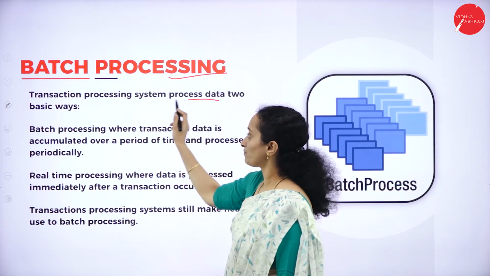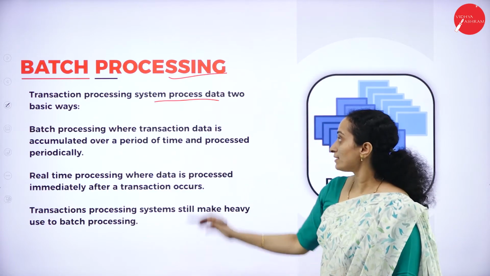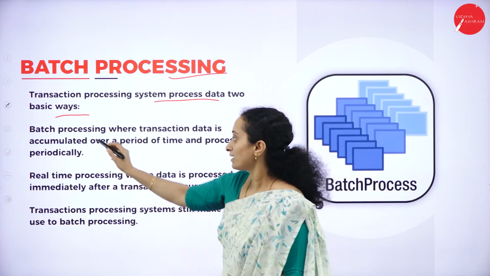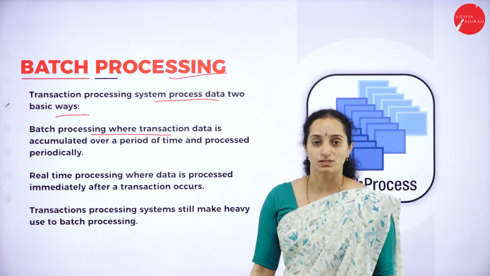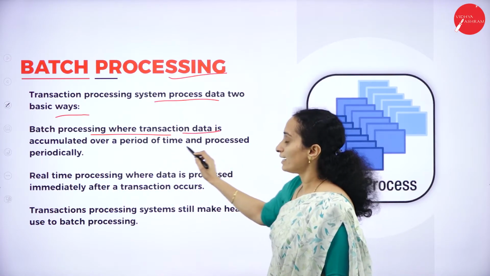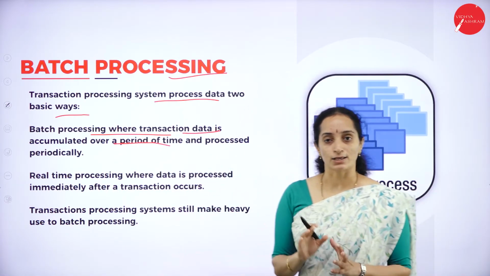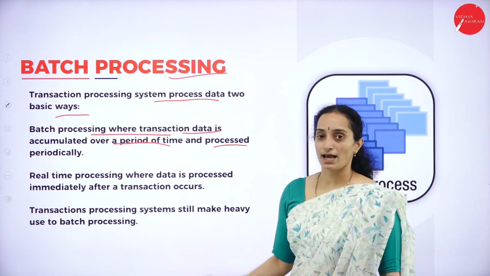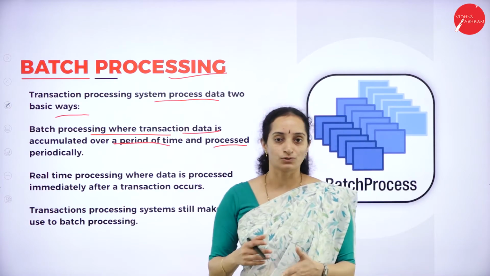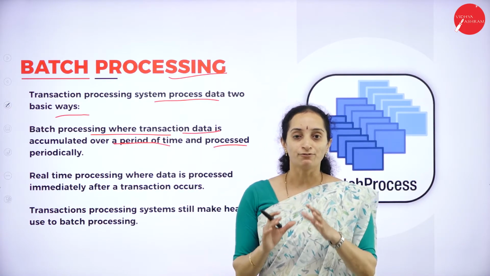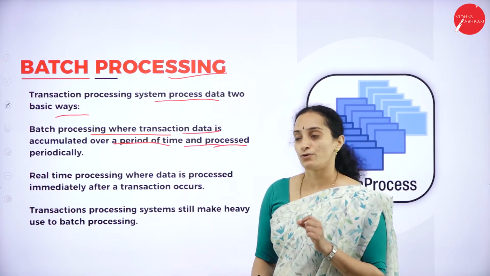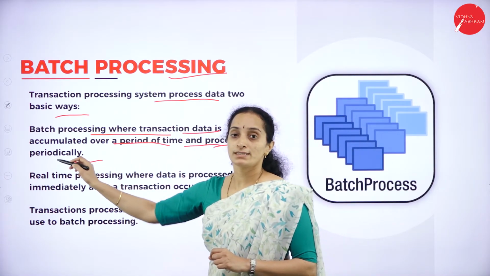The transaction processing system processes the data in two basic ways. What are the different ways? One is batch processing. In batch processing, transaction data is accumulated over a period of time. We don't enter the details as they come to us, but we wait for a set of documents, which are accumulated over time and processed periodically.